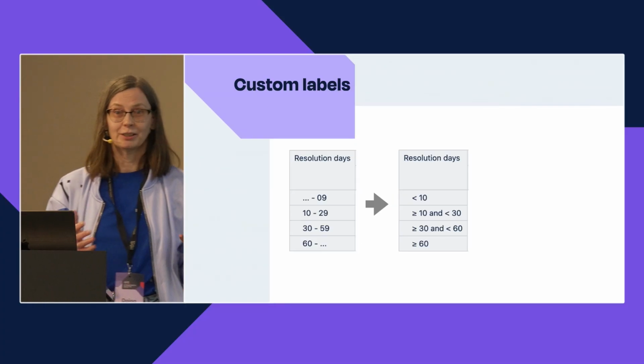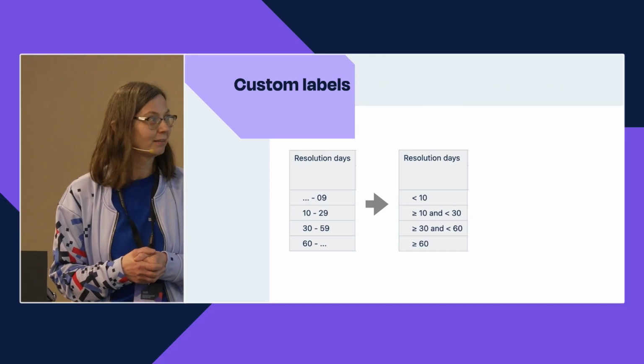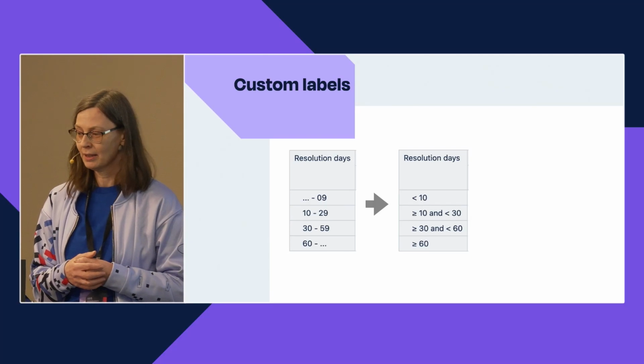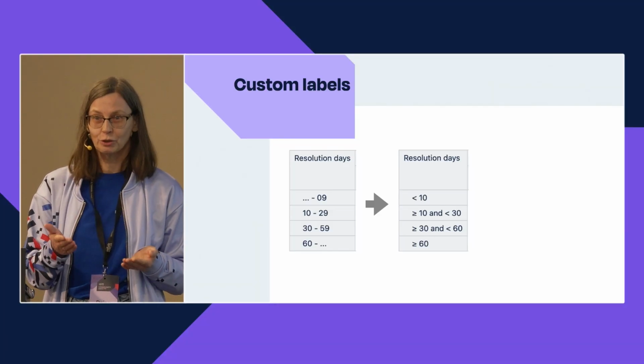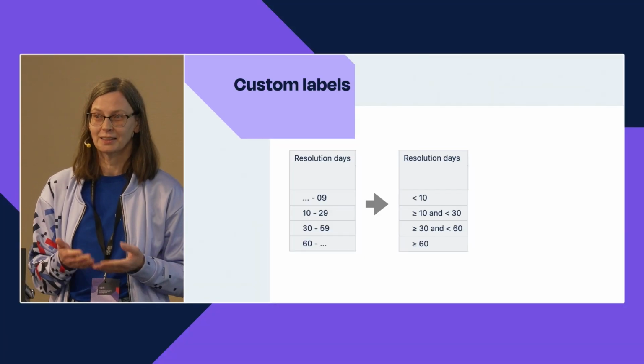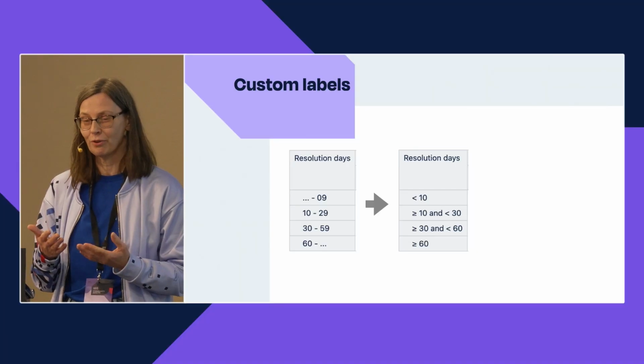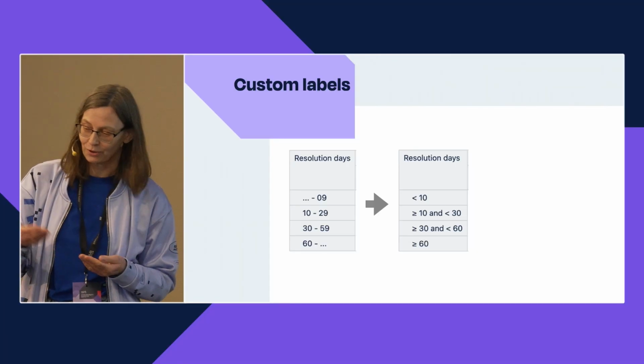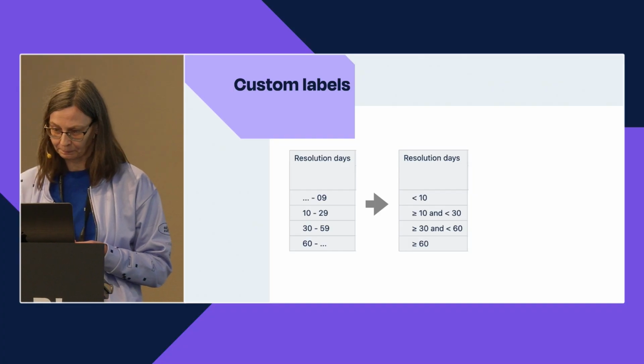And this already looks much easier to understand. If you just select even the default selections, it will not be 0 dot, but "less than 10 days", which is already more clear in what it means, or "more than 60 days", for example.